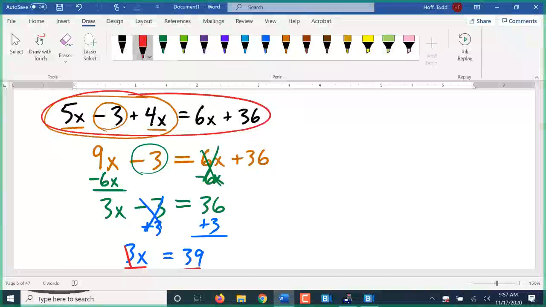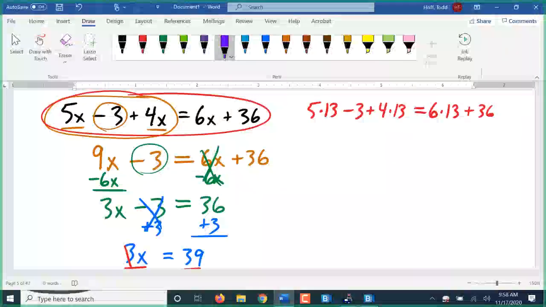To verify that that's a solution, we go back to the original equation, and we're going to replace x with 13. So 5x is 5 times 13 minus 3 plus 4x is 4 times 13 equals 6x will be 6 times 13 plus 36. So now we're going to do our order of operations on each side. I'm going to start out with just the left side over here. We have a couple multiplications, so we'll go left to right. 5 times 13 is 65.